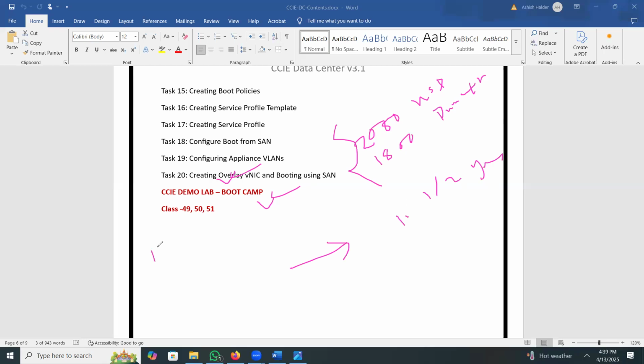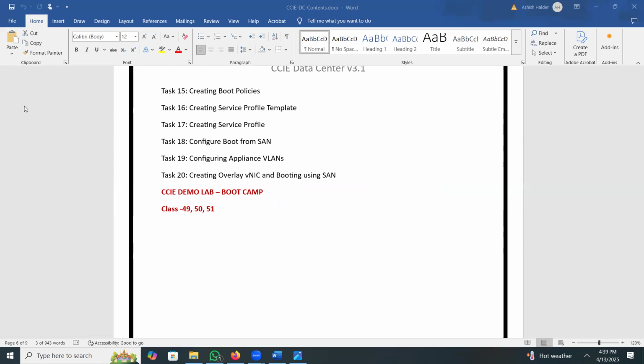On the first attempt, many fail. The first-attempt passing rate is 1% in data center. So please wait, learn the technology, and do the lab step by step. When you are satisfied or confident enough, then go for the CCIE lab exam. Actually, this is our demo. Do you have any questions on it, please?